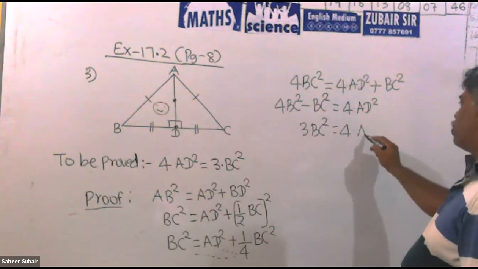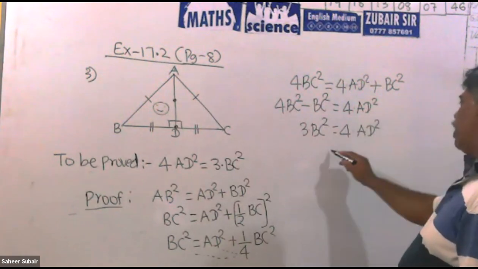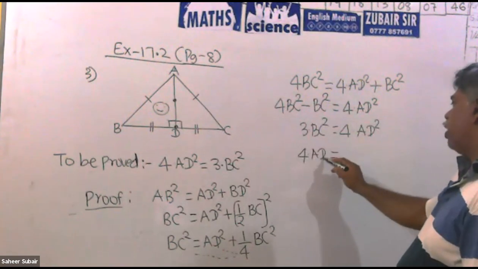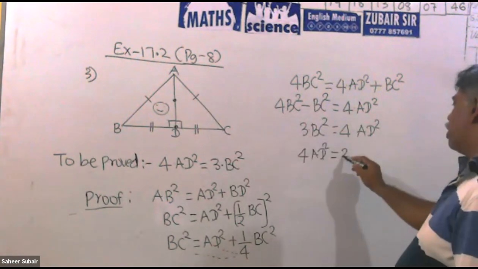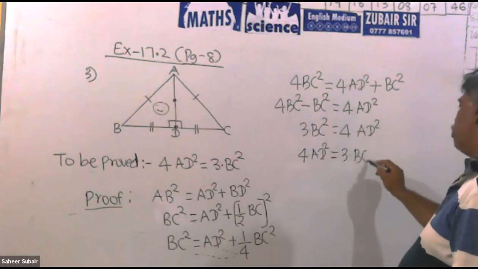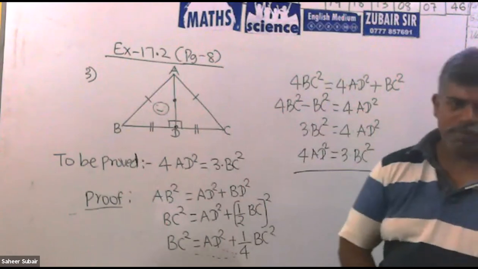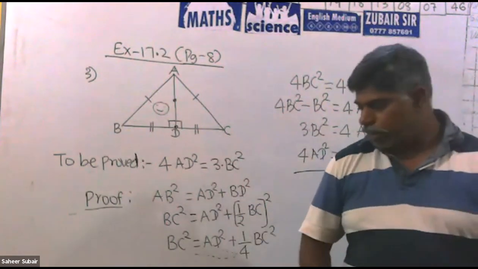That is equal to 4AD squared. If you change the sides and write 4AD squared this way, 3BC squared we can write on the other side. If you change both, then no need to change the sign. Okay?